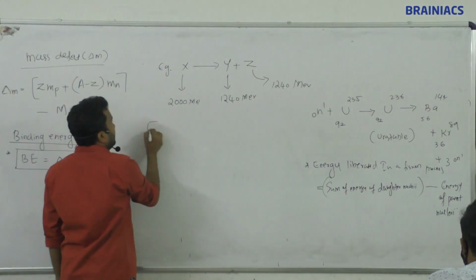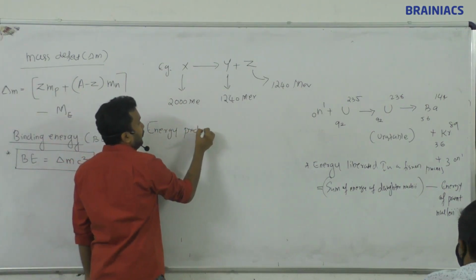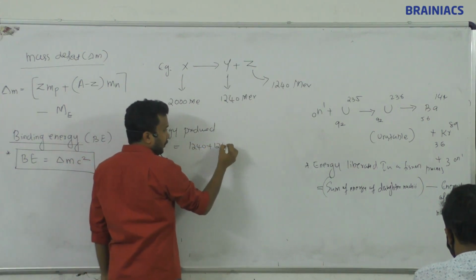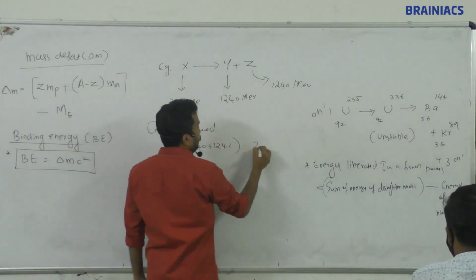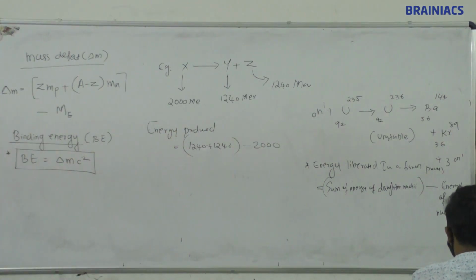So, energy liberated, meaning energy produced, is equal to 1240 plus 1240 minus 2000. This is the energy liberated in a nuclear fission process.